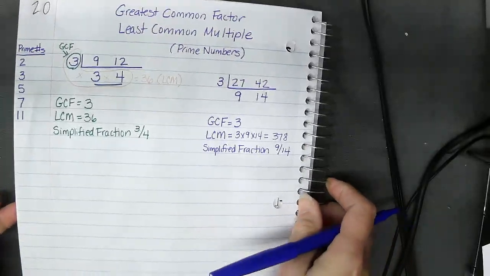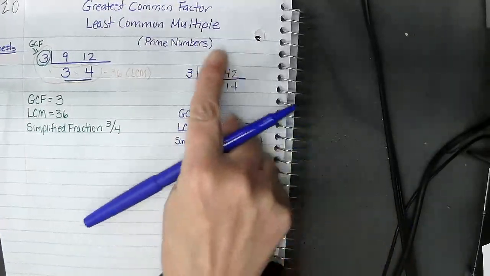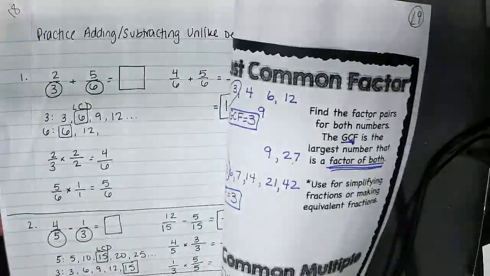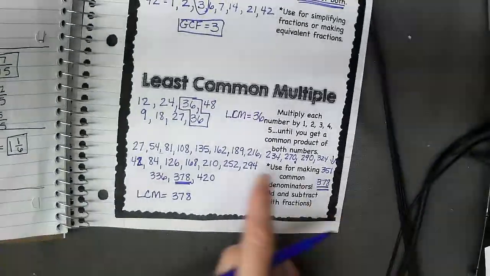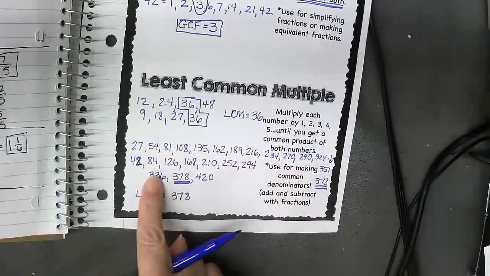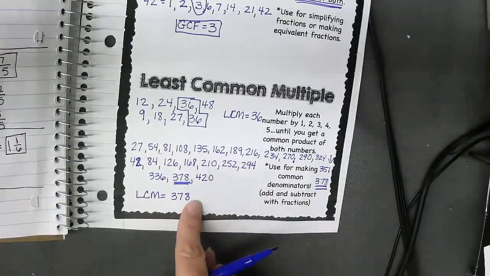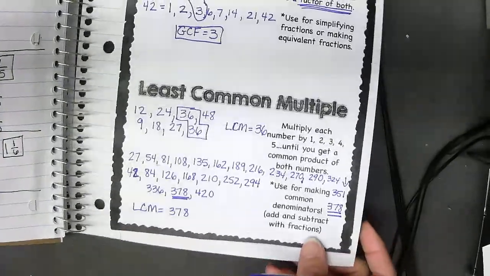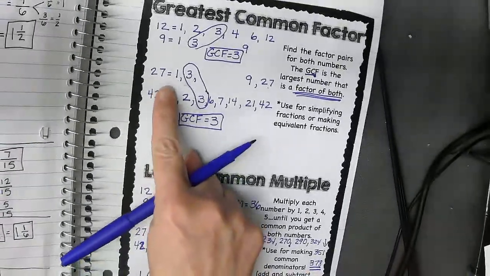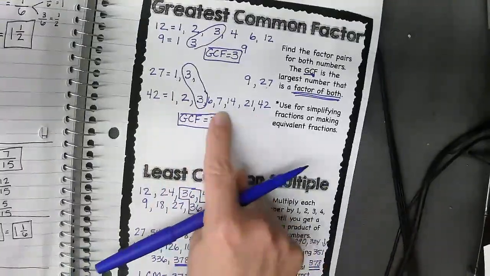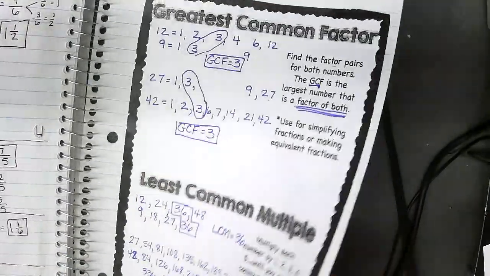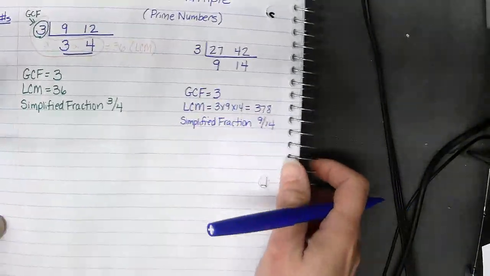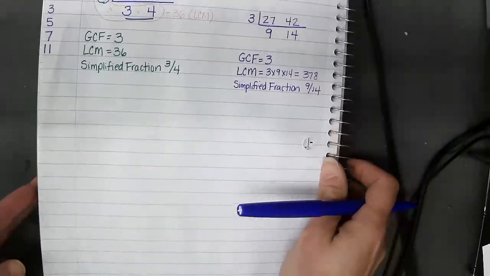Okay, we got all of this information from this little bit of work versus all of this listing numbers out to get to our LCM. Okay, even here, when we listed out the numbers, we had to list all the factors. That was still more work than what we did right here. All right. Try another number.